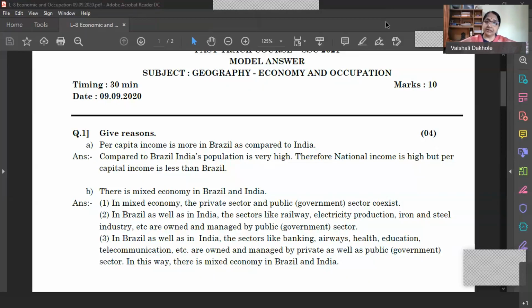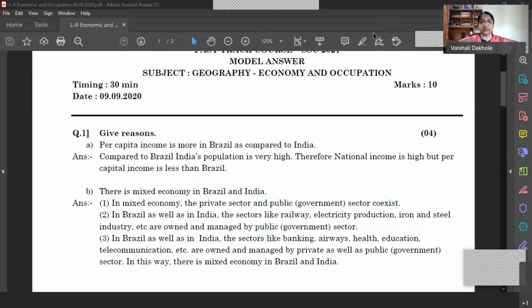In Brazil and India also, sectors like banking, health, education, airways or telecommunication are owned and managed by private individuals or private capitalists, industrialists, or they are also managed by the government. That means there is coexistence of both public and private sector in the airways and telecommunication sector. And therefore we can say that India and Brazil have a mixed economy.